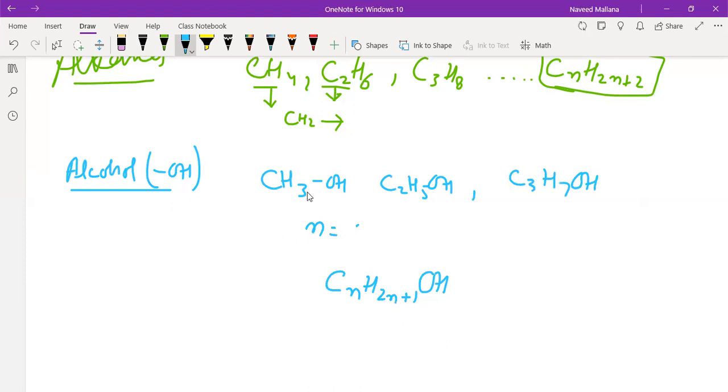Similarly, whatever the functional group, we just change the functional group and rest of the chain will remain same.